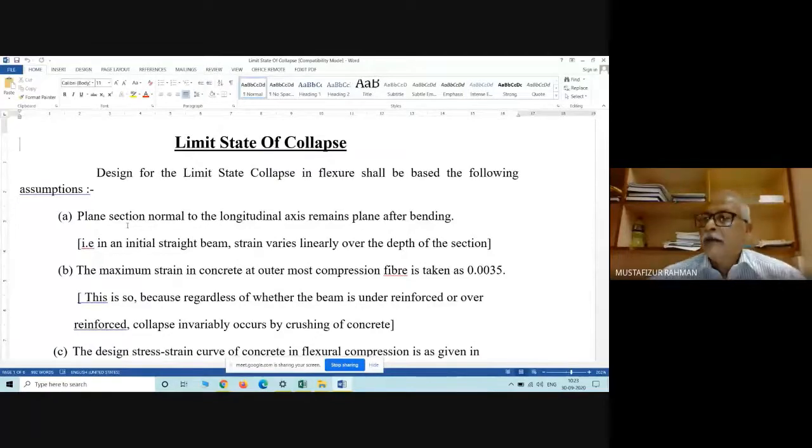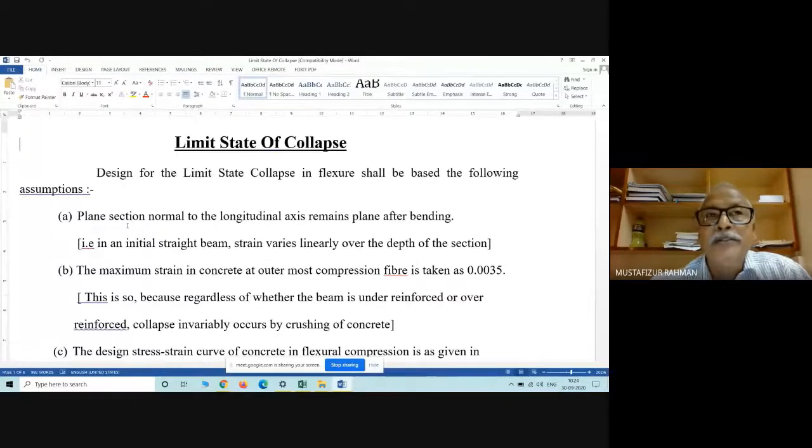One is bending moment, and another is shear force. Okay, because of the bending moment, the beam has a tendency to deflect, bend, and because of the shear force, the beam has a tendency to shear off perpendicular to the longitudinal axis. Right now, here we are talking about the limit state of collapse.